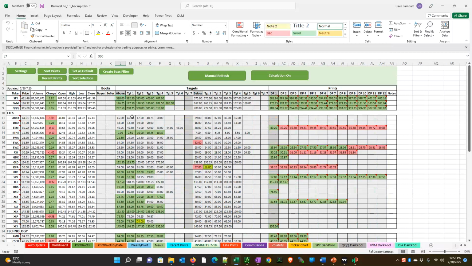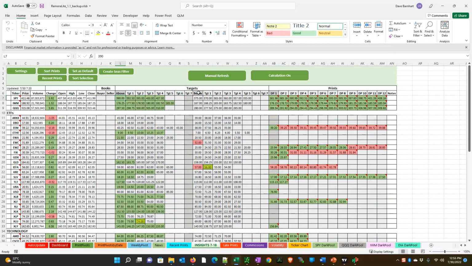Okay, so here, when you choose recent prints, what it does, oh yeah, David, I'm getting to that. David's question, how do you sort within subgroups? So with this, when you click the recent prints, it does a couple things.